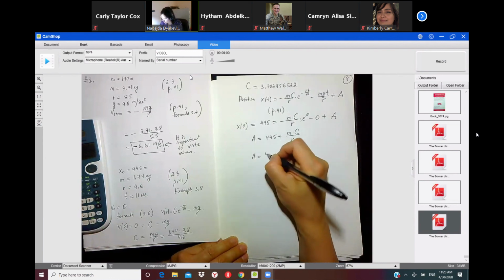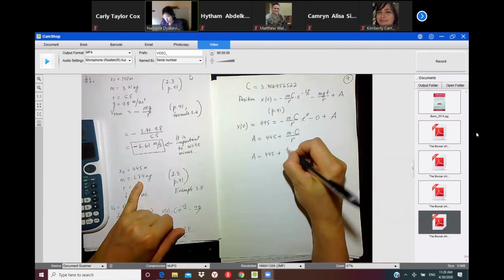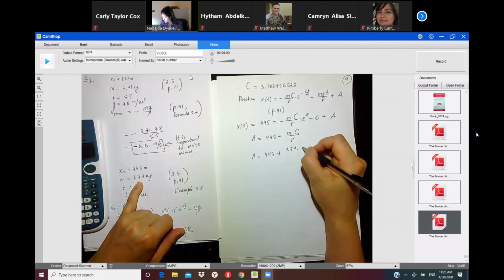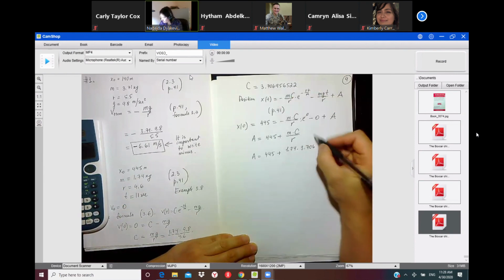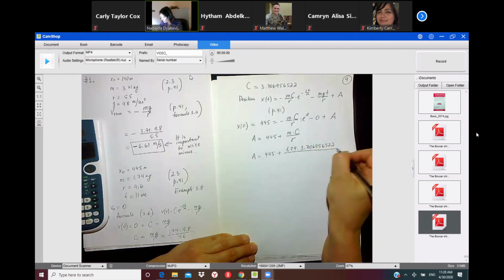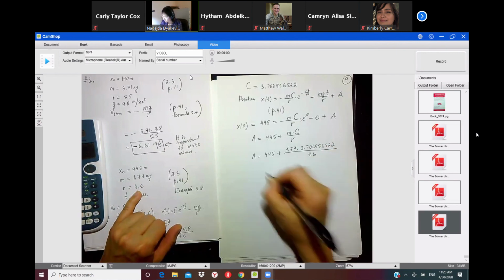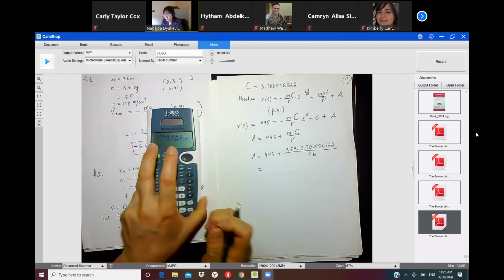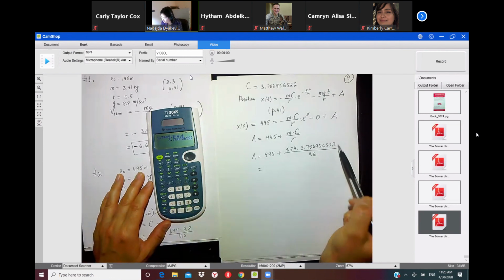Therefore, the constant A is 174, then we have to use this constant C we found earlier up here. Then we divide this by R. I'll start by finding this fraction.